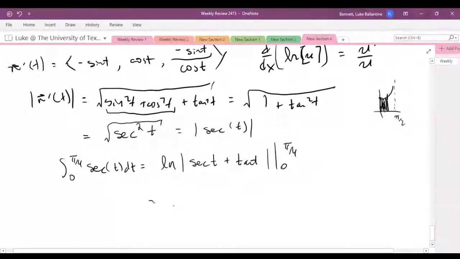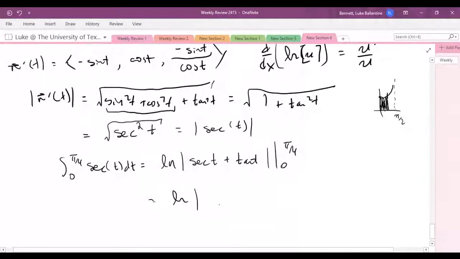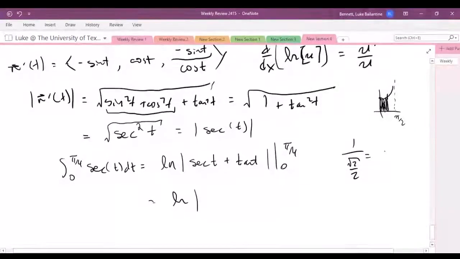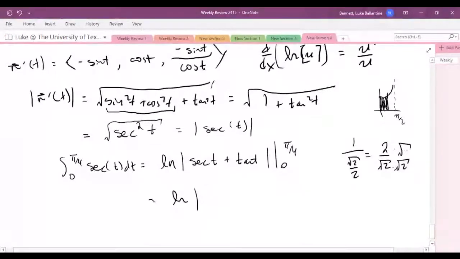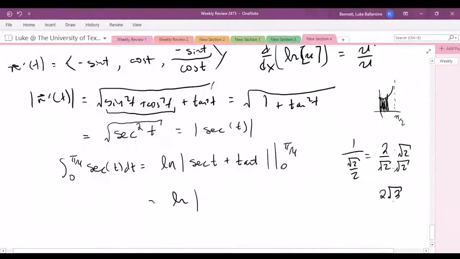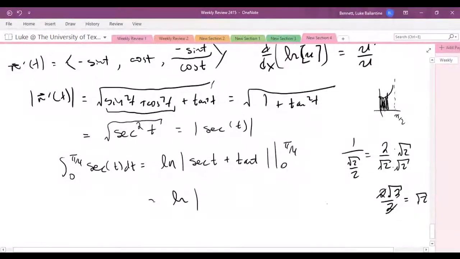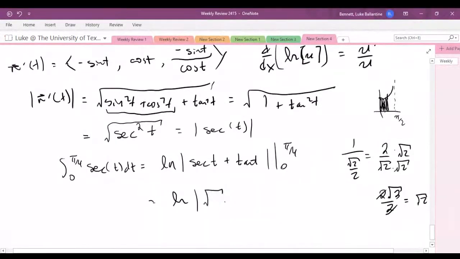Okay, so we get secant of pi over 4, which is really 1 over square root of 2 over 2, or 2 over square root of 2. Rationalize the denominator. We get 2 square root of 2 over 2. These cancel. This is square root of 2. Secant of pi over 4 is square root of 2.